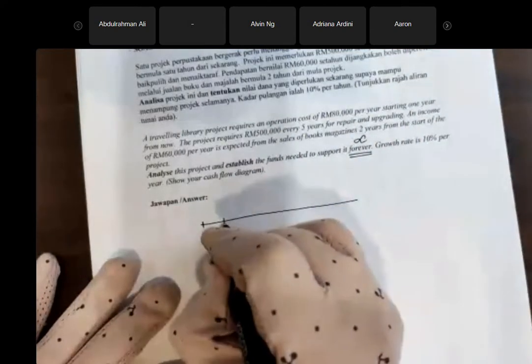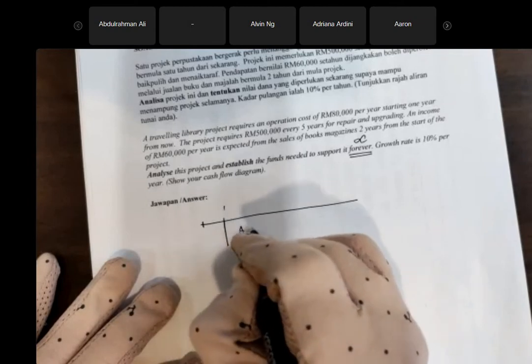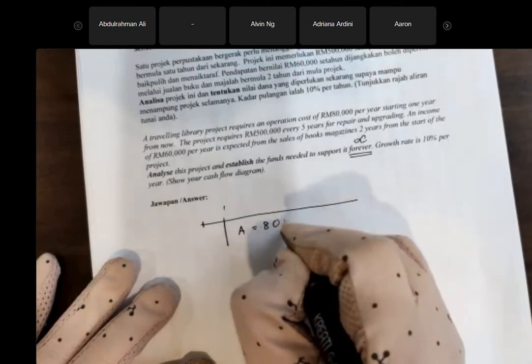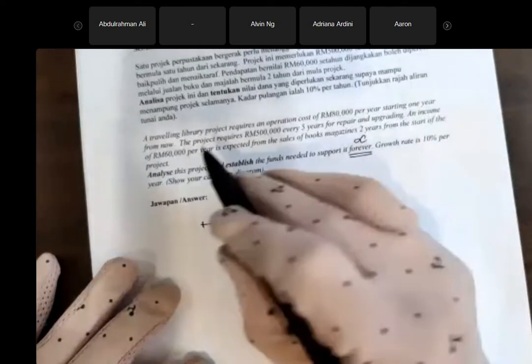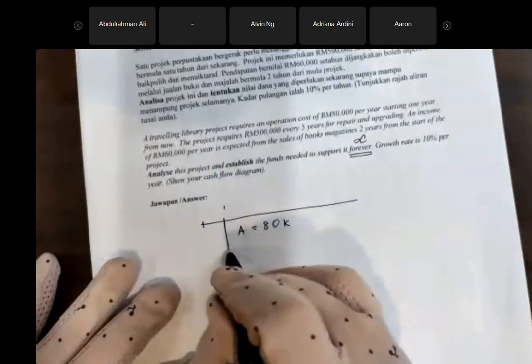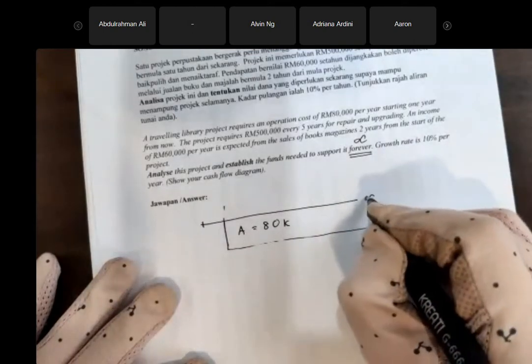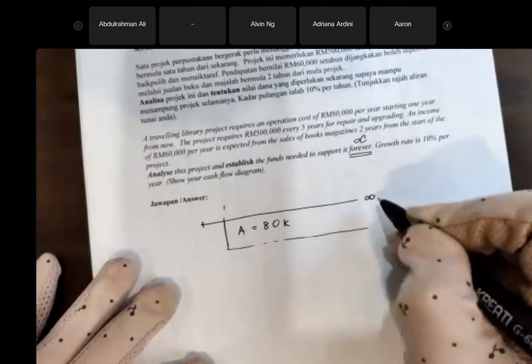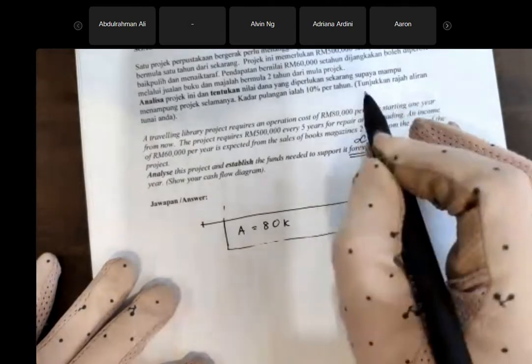So 80,000 per year starts here. A is 80,000 until what year? 1 year from now? There is none. Okay, just proceed. They want the value until forever.